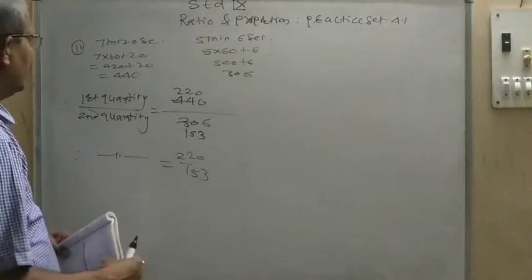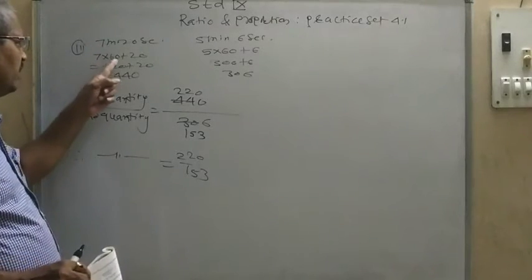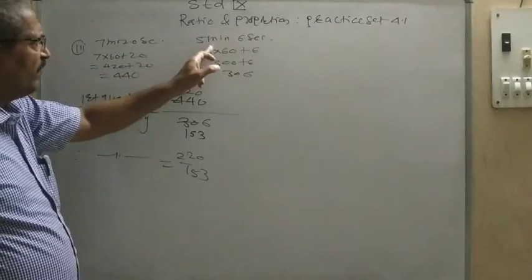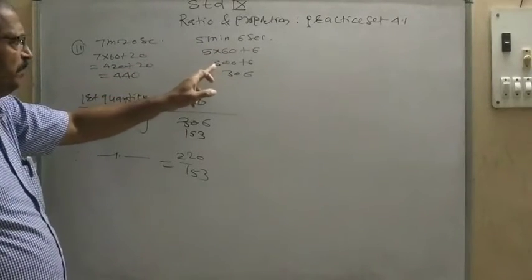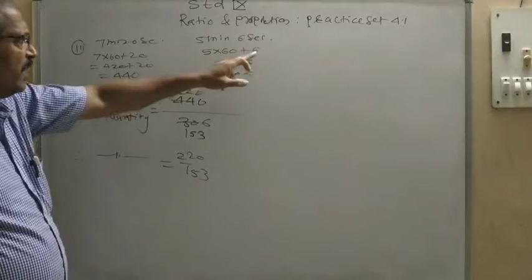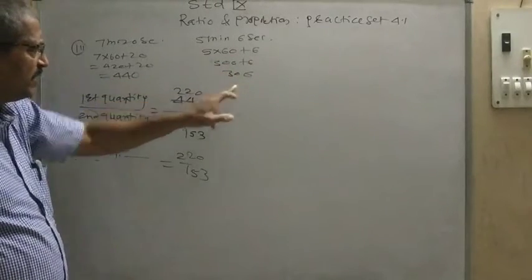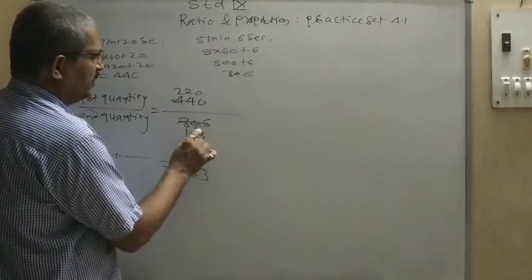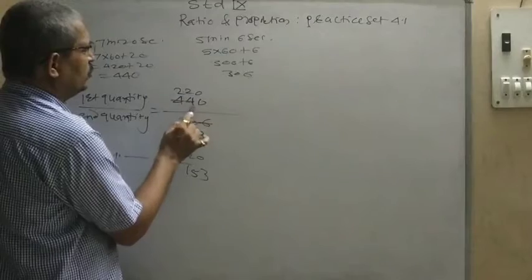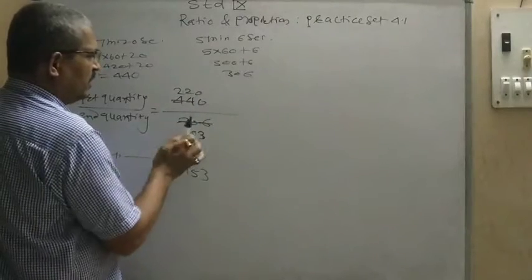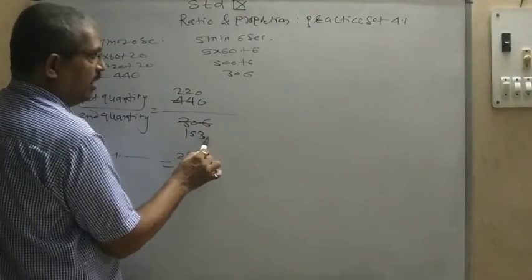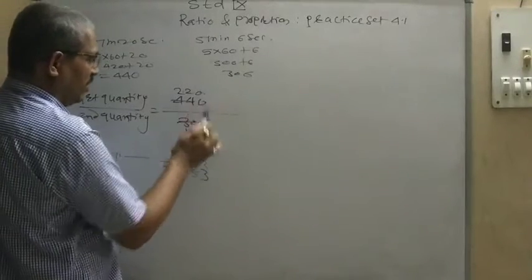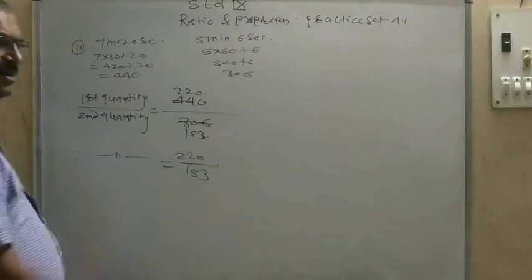If anything is wrong, please check one more time. 7 minutes means 7 into 60 means 420 plus 20 means 440, correct. 5 minutes means 5 into 60 means 300 will come, and 6 means 300 plus 6 is 306, and I have divided here by 2. 2 15s are 30, 2 3s are 6, 2 2s are 4, 2 2s are 4 and 2 zeros are as it is. Now here 153 is an odd number, and this is an even number, not divisible. Therefore, that answer is correct.